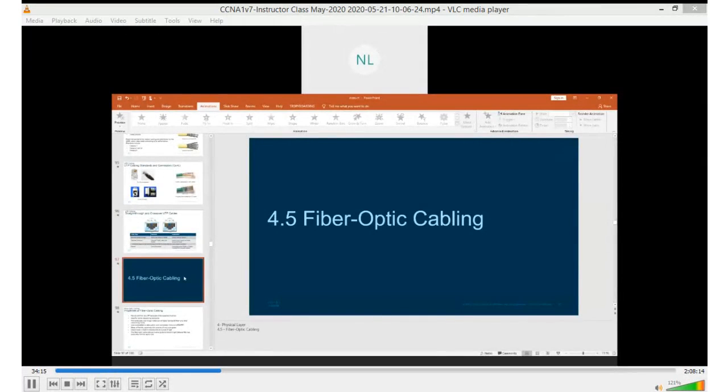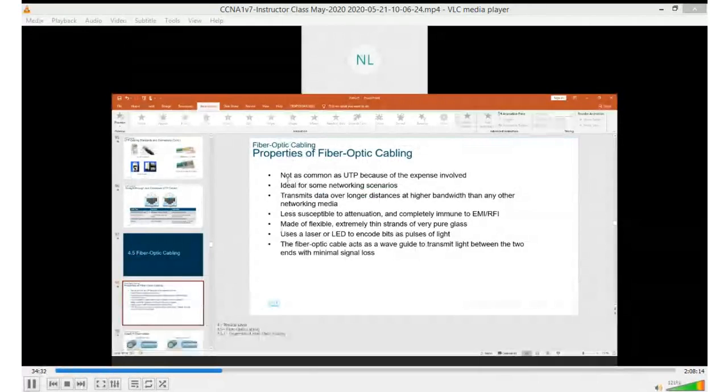radio frequency interference. The second one is fiber optic. Fiber optic is actually beyond the scope of CCNA, but we'll talk about some aspects of it, in case you want to do more research on it. It is not as common as UTP because fiber optic is very expensive.